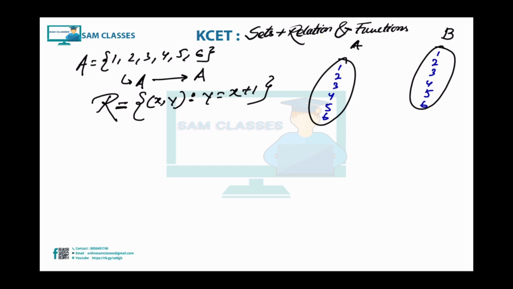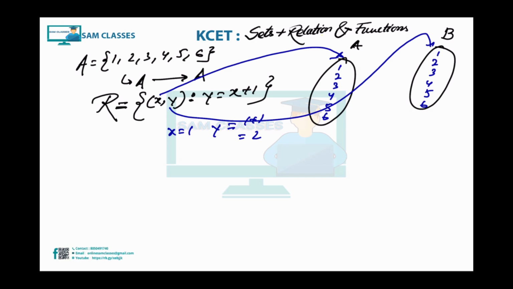If I put x equal to 1, what do I get for y? 1 plus 1, that is equal to 2. So x is coming from the first set and y is coming from the second set, and 1 is getting matched with 2. We have a particular name for this matching.